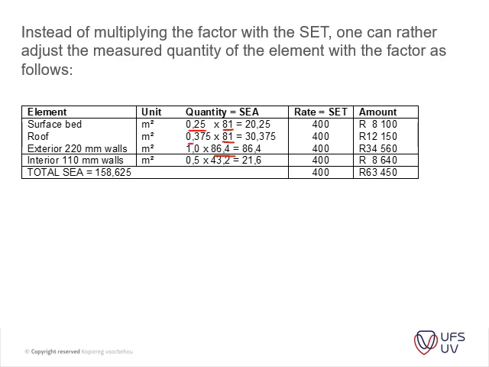So what we just do is, instead of multiplying the factors with our rates, we multiply with our areas, and thus we get a total area of 158 square meters if we add the 20.25, the 30.37, the 80.4 and the 21.6.